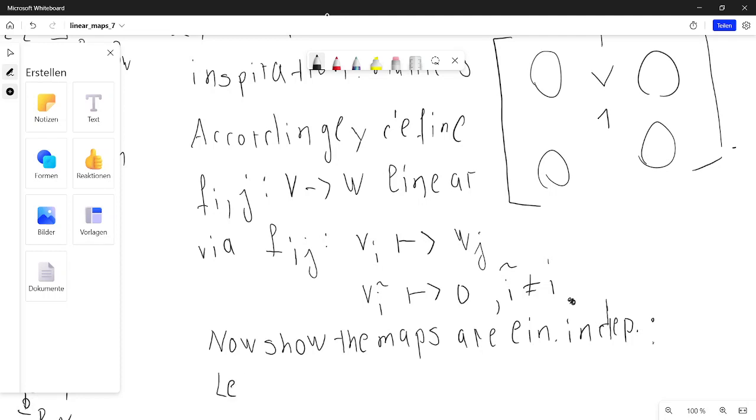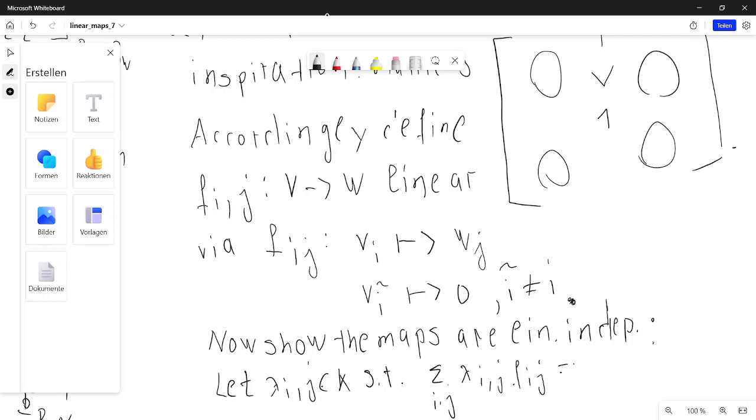Let lambda ij be in K such that we double sum ij lambda ij Fij is equal to 0.